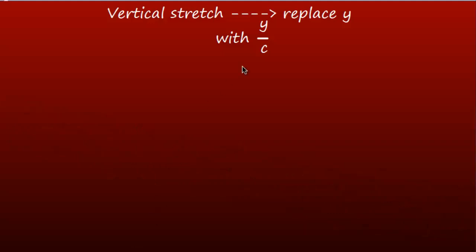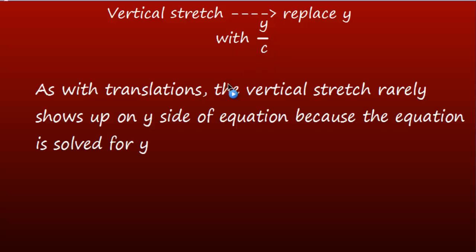Alright, so let's take a look at a vertical stretch. In a vertical stretch, we talked about replacing the y value with y over c, c again being the stretch or the shrink. Now, as with translations, the vertical stretch rarely shows up on that left side of the equation. You remember when we replaced y with y minus c, we then solved the equation for y again, which moved it to the other side.